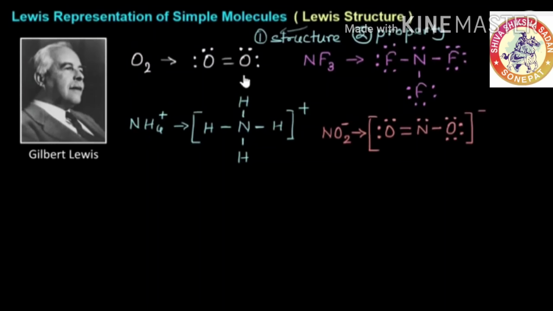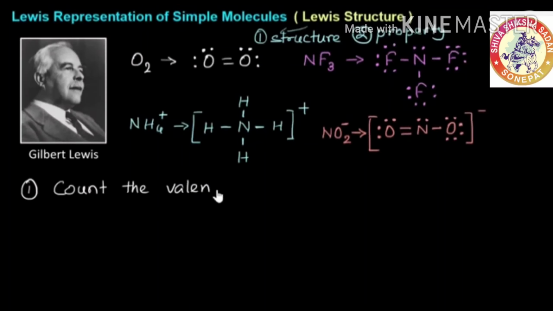First of all, the atomic number or number of electrons present in atoms are divided into two parts, valence electrons and kernel electrons.